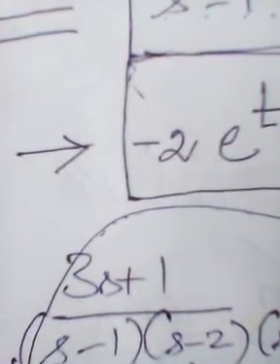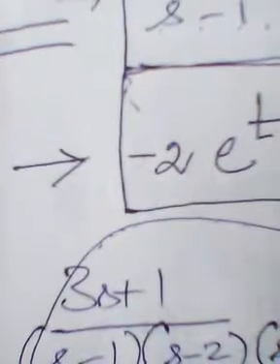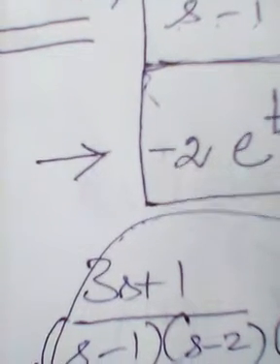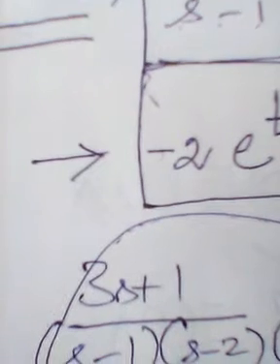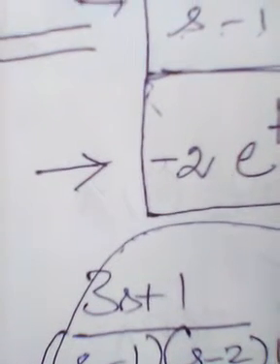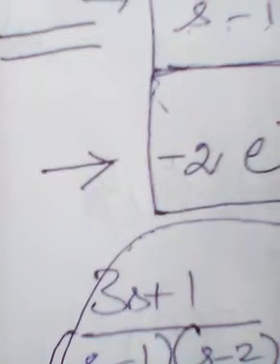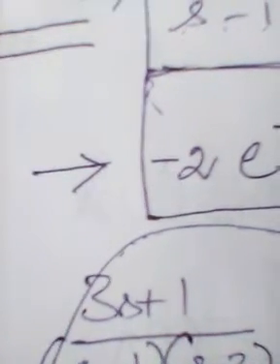Here we have got the poles 1, 2 and minus 1. 1 and 2 will be located on the complex plane, but on the right hand side. The minus 1 is going to be located on the left hand side. But what about the zero? The zero is at minus 1/3, which is going to be located on the left hand side of the plane.